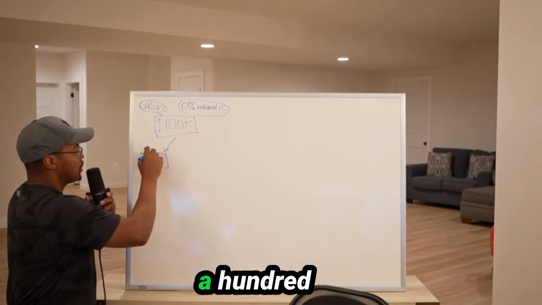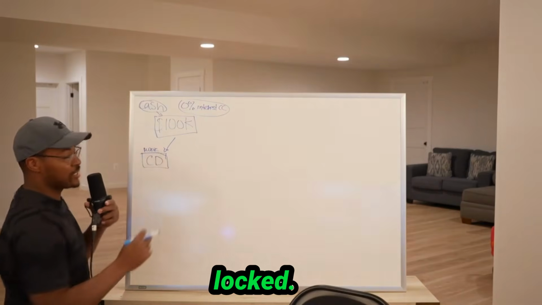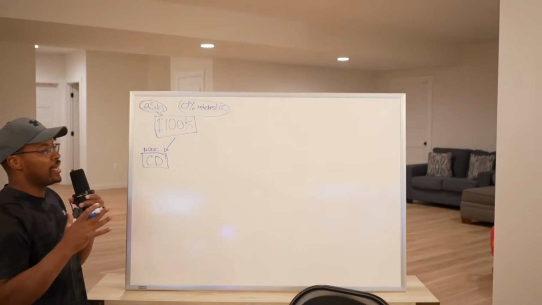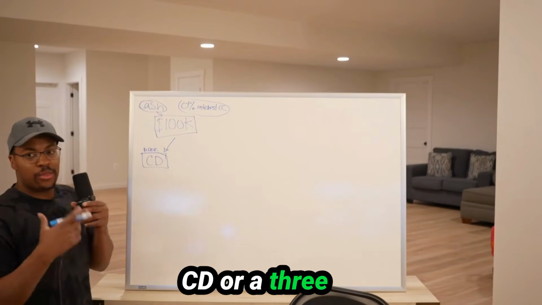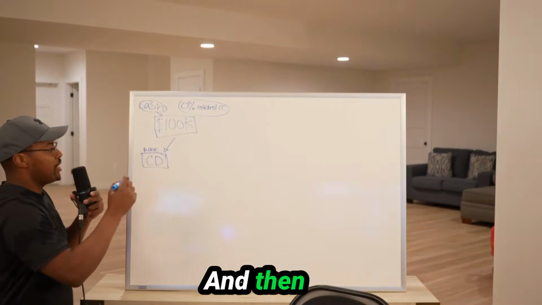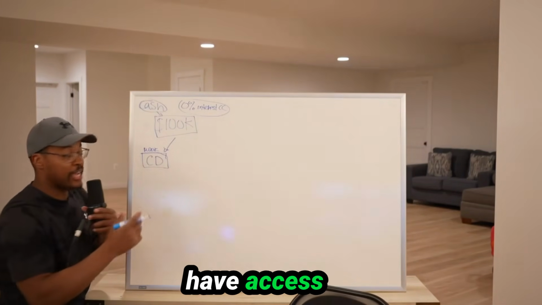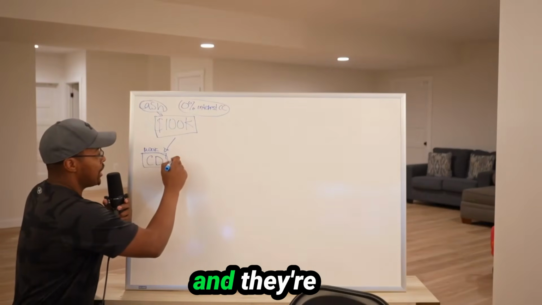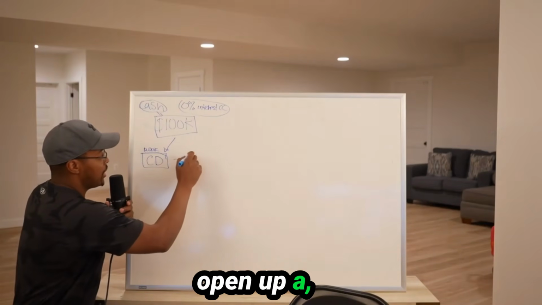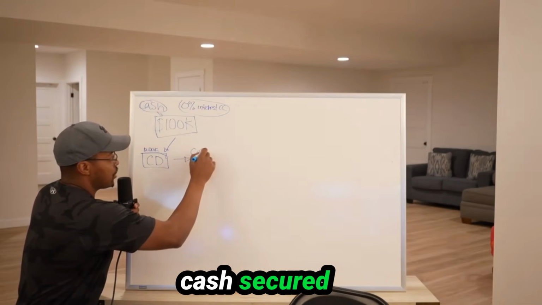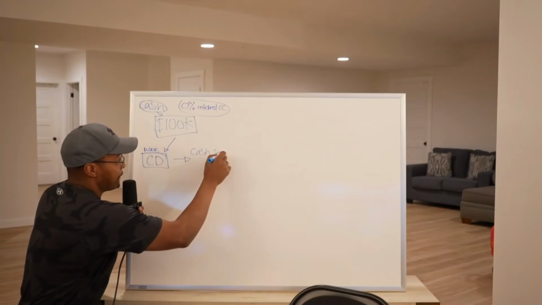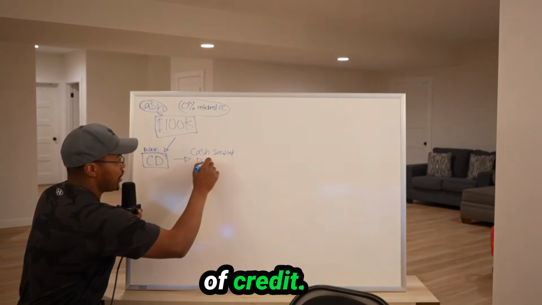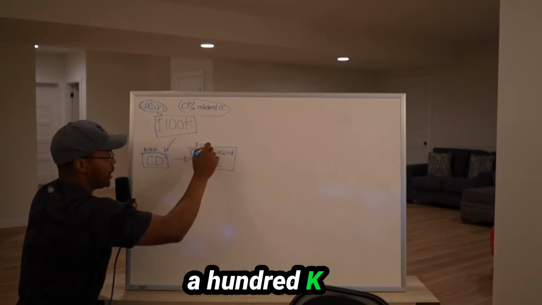So this is a 100K CD. It's locked. They're going to give you maybe a 5-year CD or a 3-year CD, and then they're going to lock the account so you don't have access to this 100K. And they're going to open up a cash secured BLOC, business line of credit. You got 100K in a BLOC.